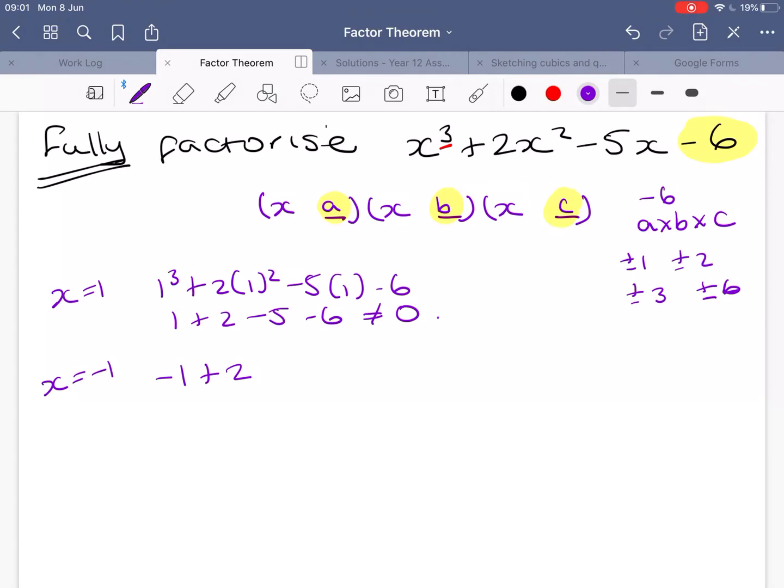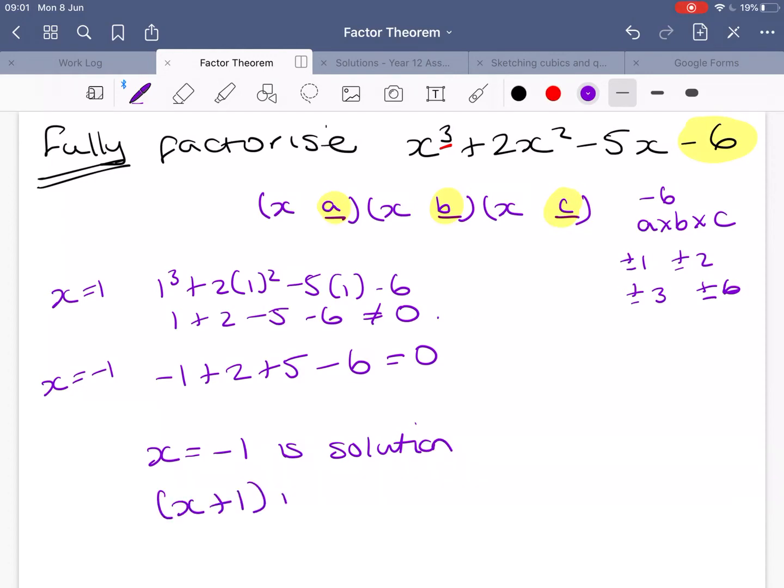Take away 5 lots of minus 1 is going to be plus 5, and then you've got the take away 6 at the end. So it's like the odd powers change sign and the even powers stay the same. And this one does equal 0. So that tells me x equals minus 1 is a solution. So that tells me x plus 1 is a factor.